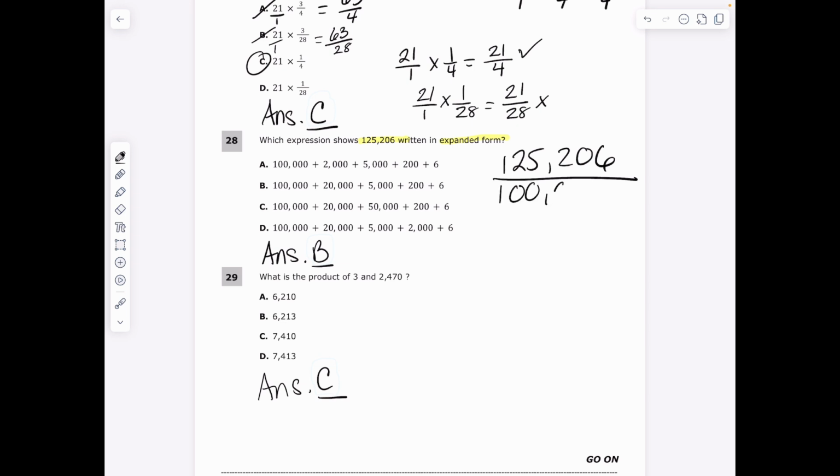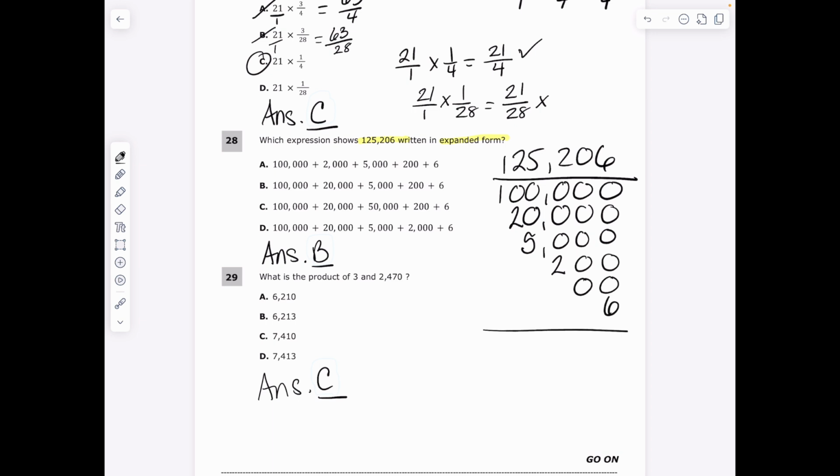So 100,000, and then drop the 2. That's 20,000. Then go to the 5, 5,000, and go to the 2, 200, and then here's the 6. So that's what I'm looking for in expanded form. All of them have 100,000. Not all of them have 20,000. So automatically now I can knock out A.